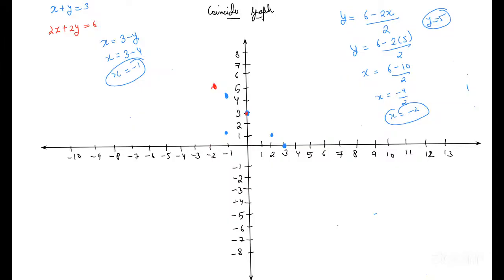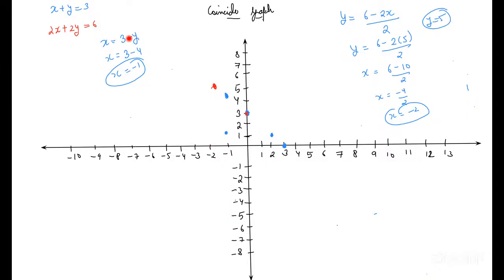Now who marked this one? I marked it. Why, beta? How did you get this? I tried doing the previous one only. x equals minus 1. How do you find the y?